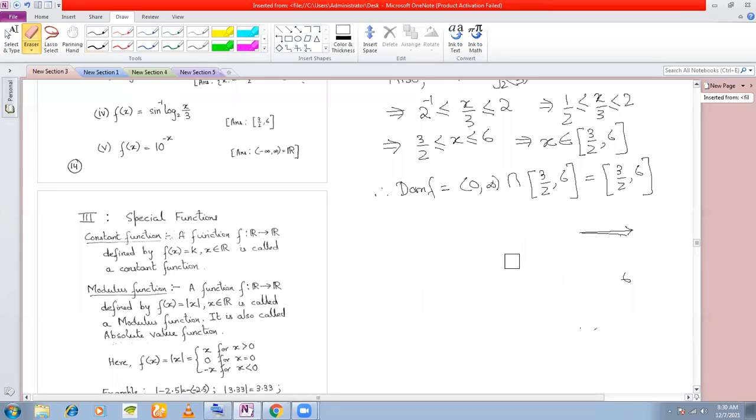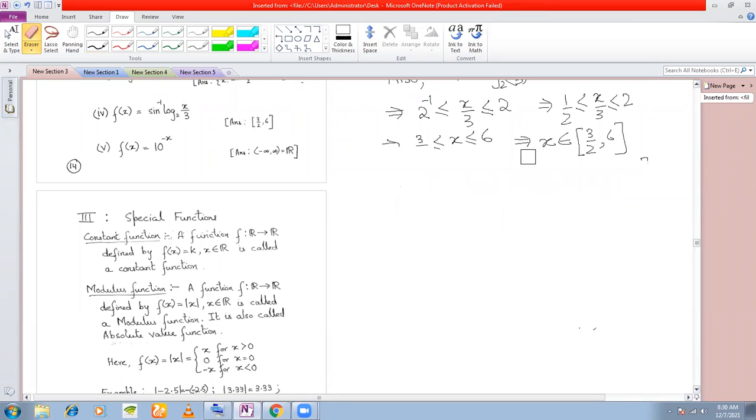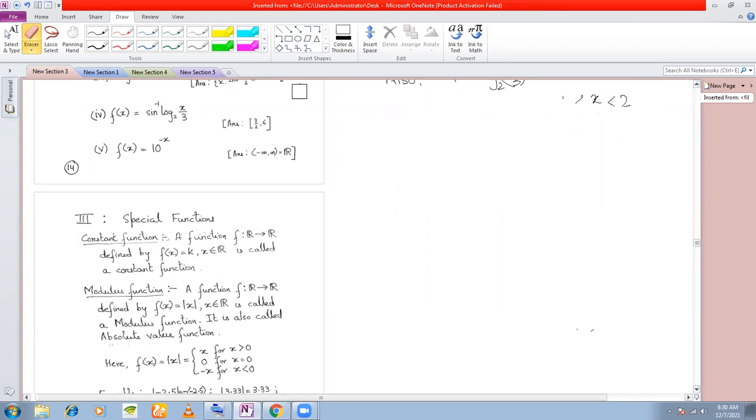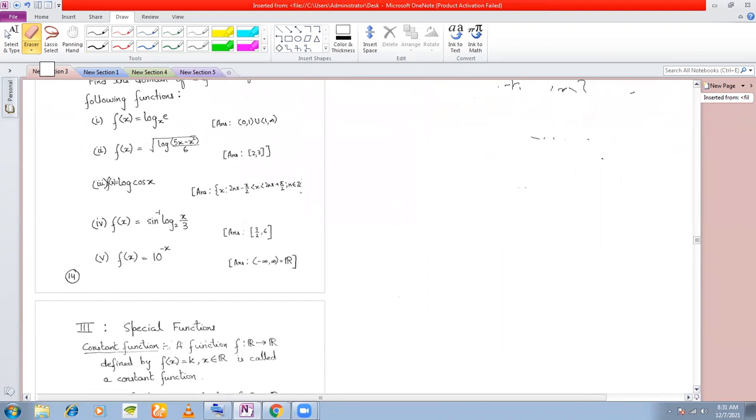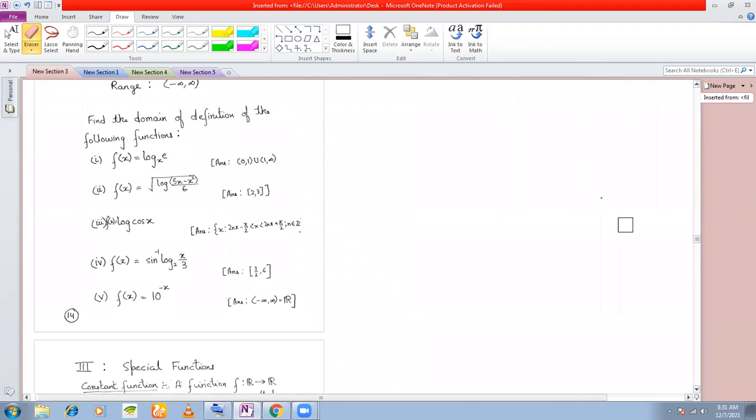Moving on to the next question. Number 5. Given f of x is equal to 10 to the power of minus x. Okay.